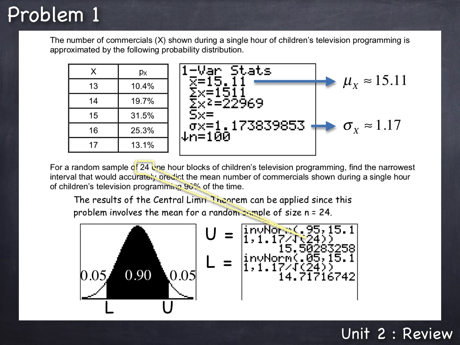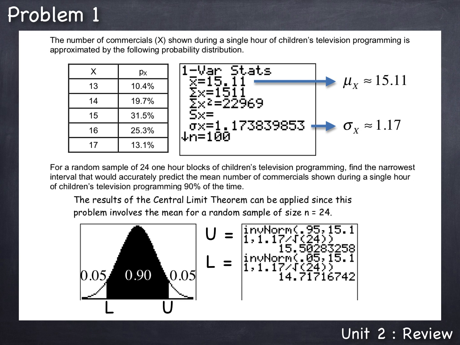So after entering 1.17, we press divide by, second x squared to bring up the square root, and then 24, because this is for a random sample of 24 one-hour blocks of children's television programming. We then close the parenthesis, press enter, and the calculator will find the values for us.